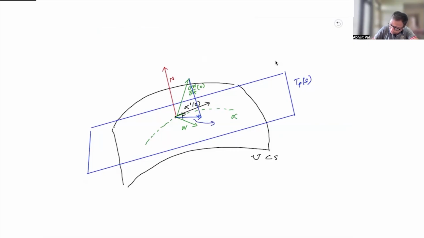So this is my capital DW/dt at 0. So capital DW/dt is the covariant differentiation of this capital W at the point t equals 0 relative to the vector alpha prime 0, which is equal to v.